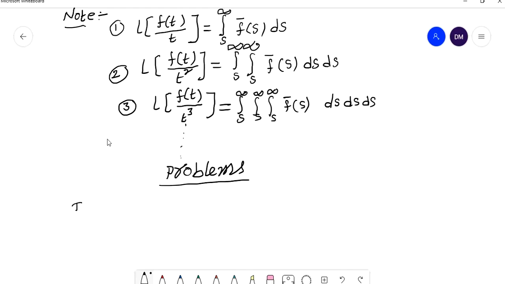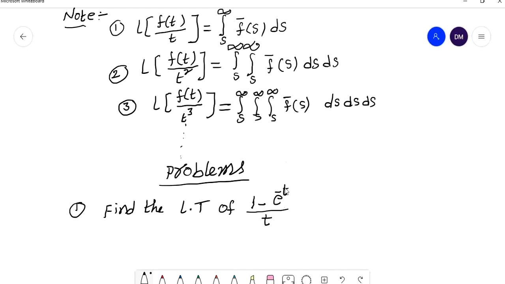See the first problem on division by t property. Find the Laplace transform of 1 minus e power minus t by t.